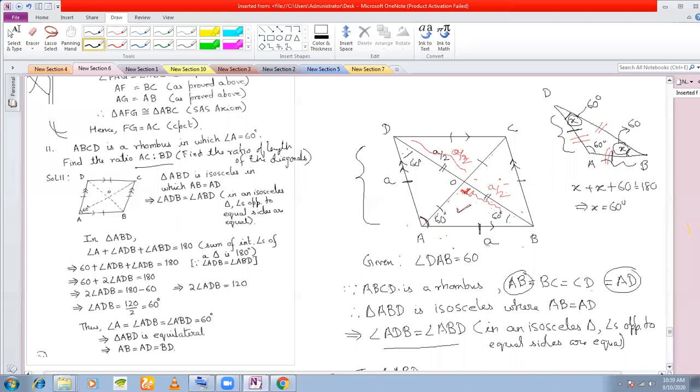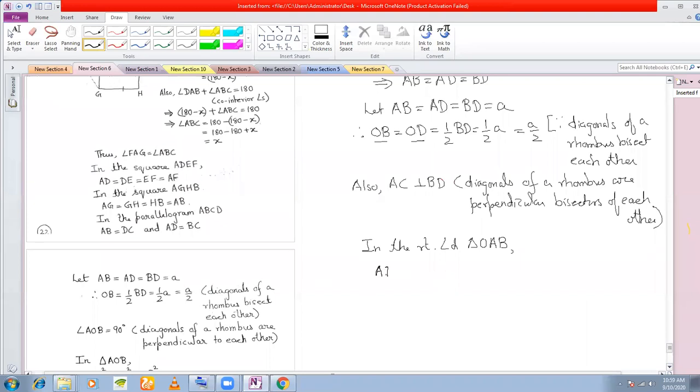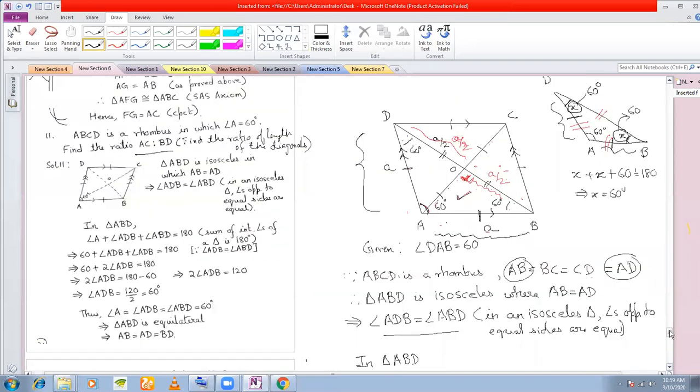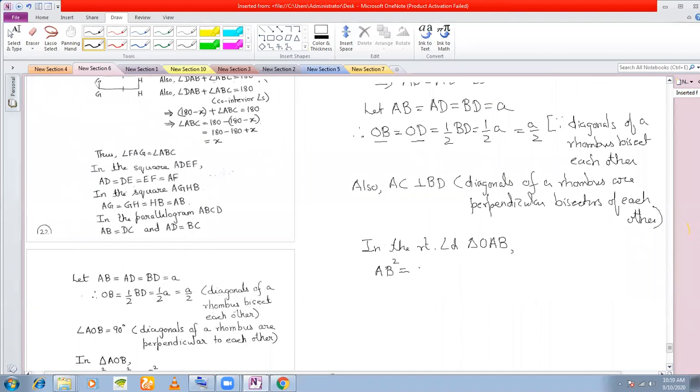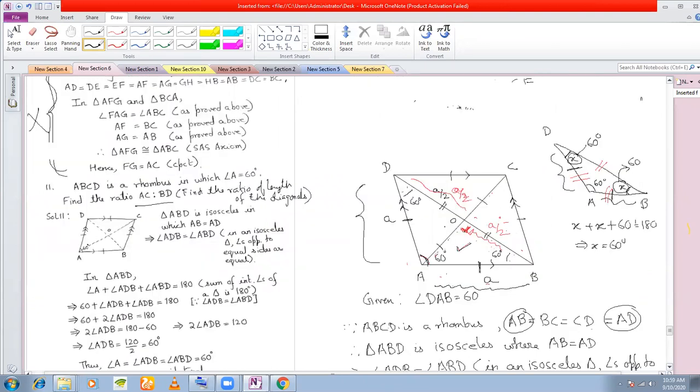This one is my hypotenuse. This side. I'll write AB square, hypotenuse square. Which one is my perpendicular? Perpendicular is OB. OB square. And which one is my base? My base is this side, OA, which we need to find.